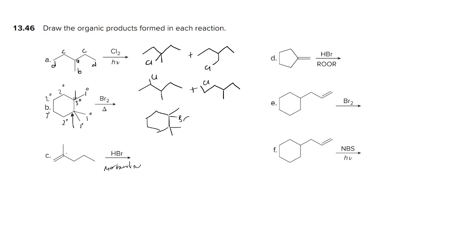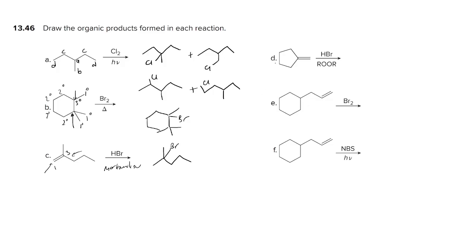So basically, this carbon is a tetrasubstituted carbon. This carbon is a monosubstituted carbon. So hydrogen will be added to the less substituted carbon, and bromine will be added to the more substituted carbon, which is the Markovnikov product. So let's draw the product. So bromine will be attached to the more substituted carbon.